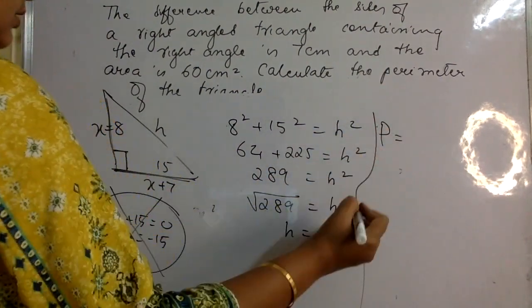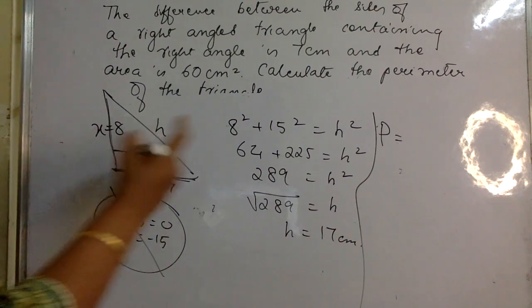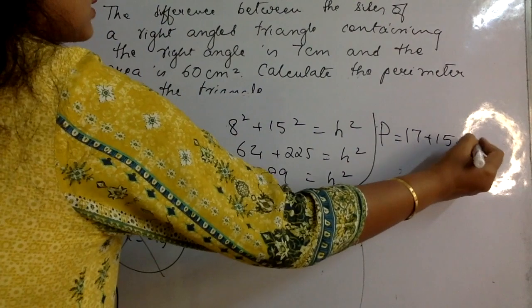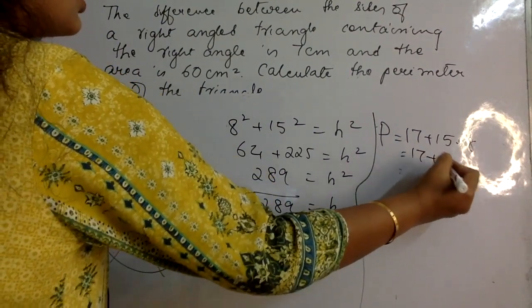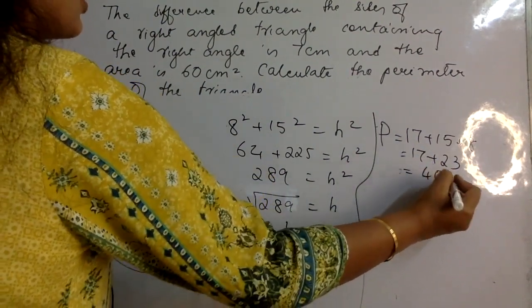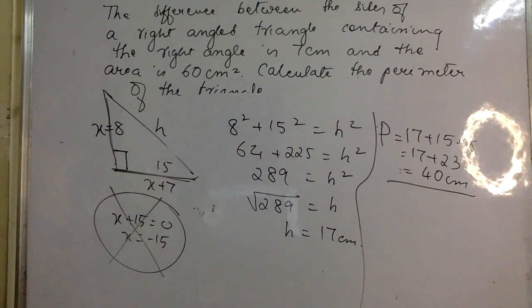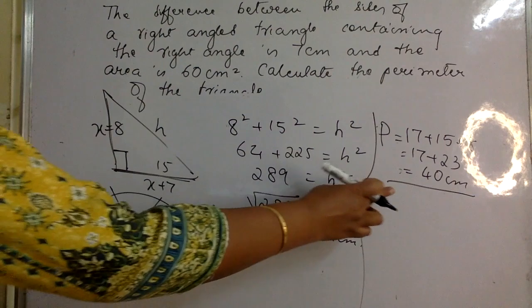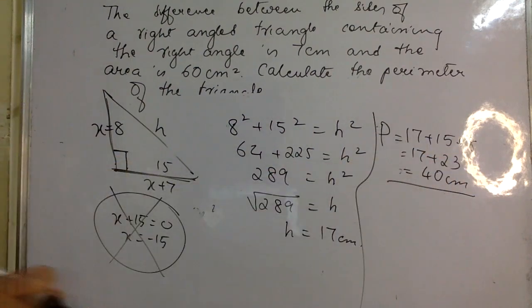Perimeter is equal to 17 plus 15 plus 8. That gives me 17 plus 23, that gives me 40 centimeter. So the perimeter of the triangle is 40 centimeter. Perimeter is nothing but the sum of the lengths of all the three sides, and that we have got as 40. So that is what the sum has to say.